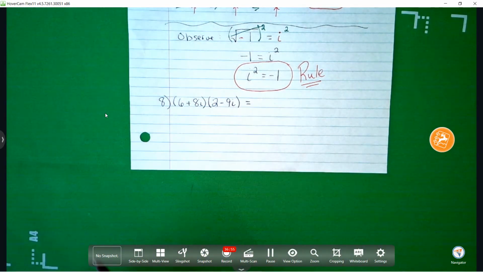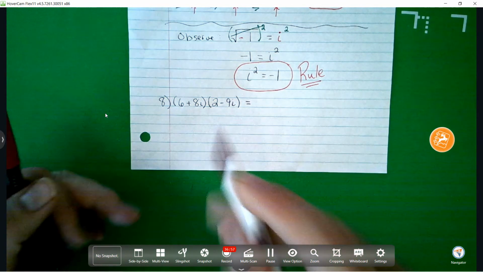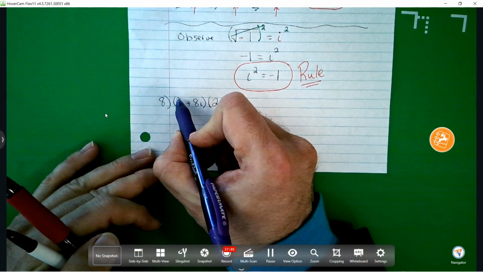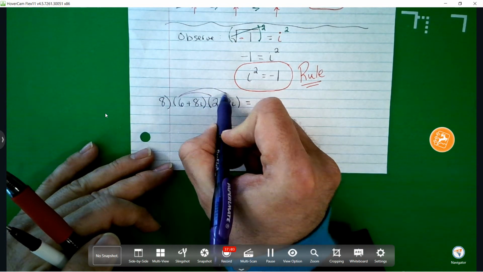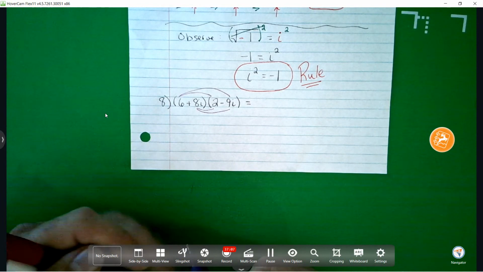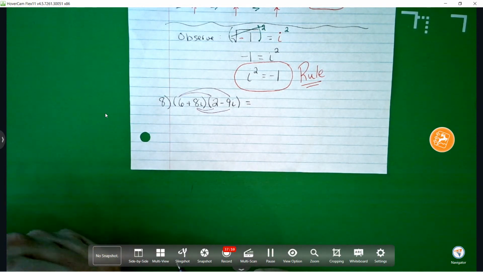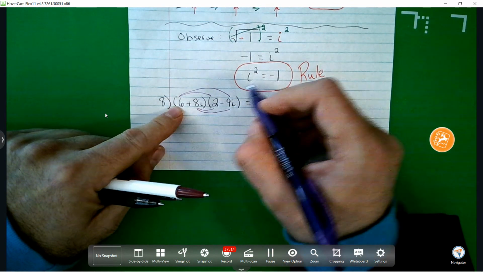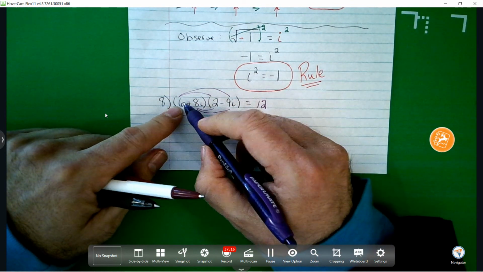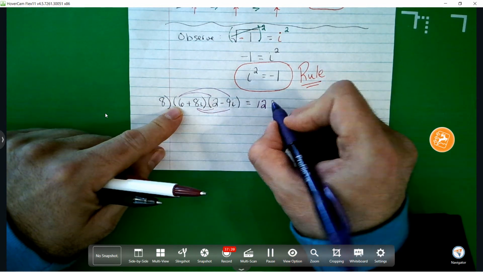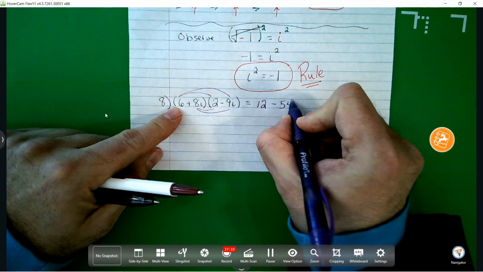So how do we multiply this? Well, y'all remember something called FOIL? First, outer, inner, last. That's what we're going to do here. To multiply complex numbers, you FOIL them out. So first, 6 times 2, 12. Outer, let's see, 6 times a negative 9i. Is that a negative 54i?